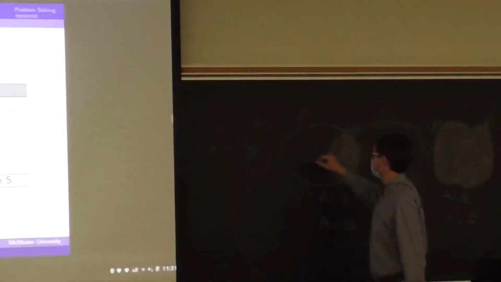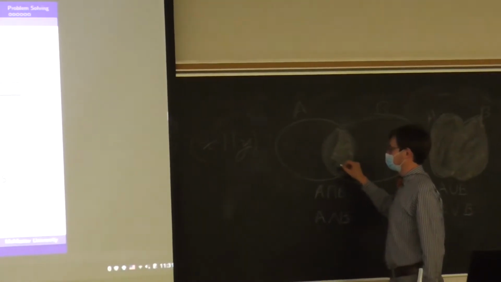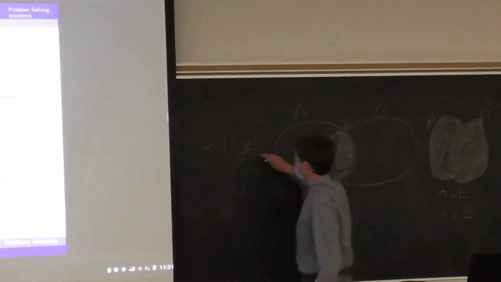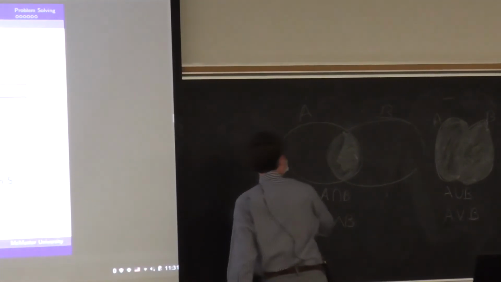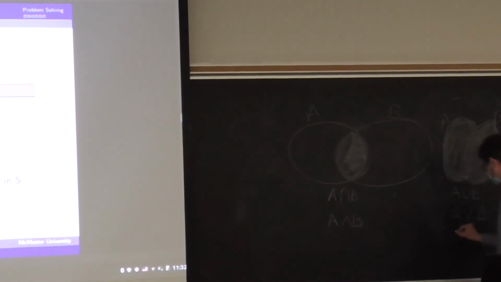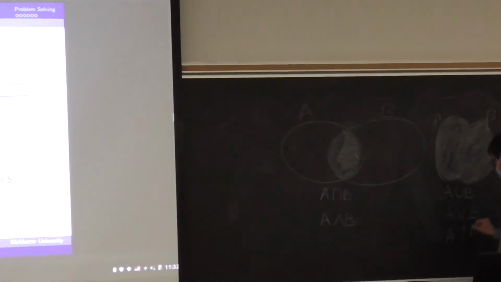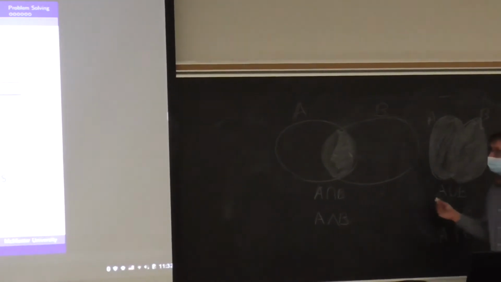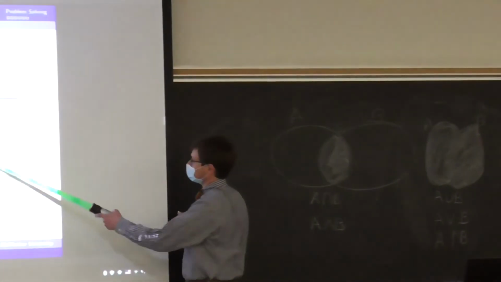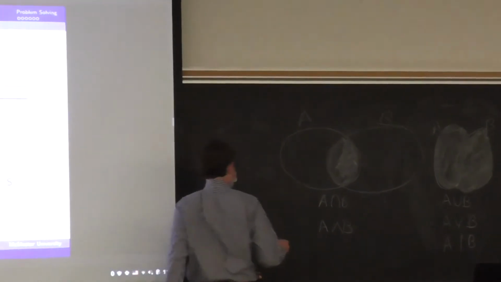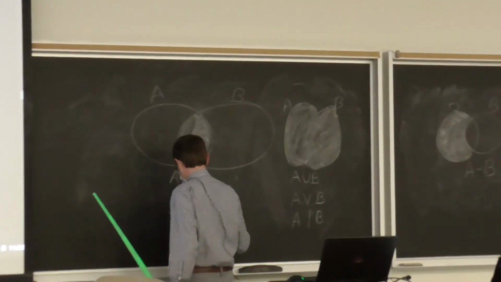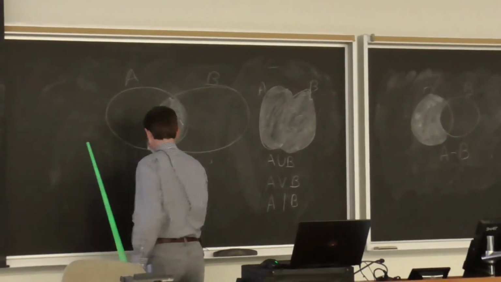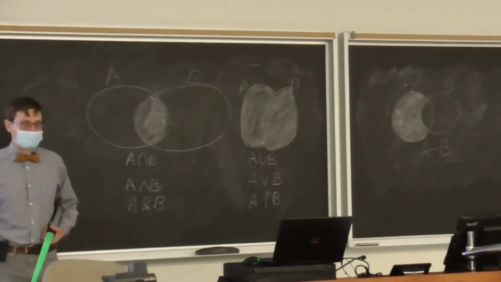And you notice that union is like this one. That's why it's A bar B in Python. Intersection is A ampersand B, which is a little bit more obvious why.